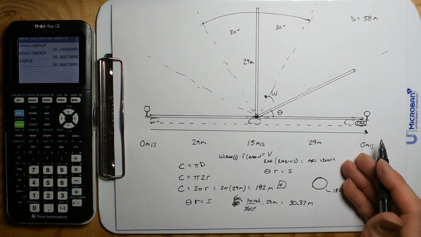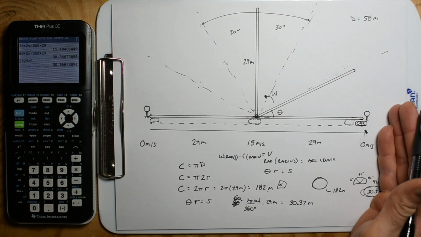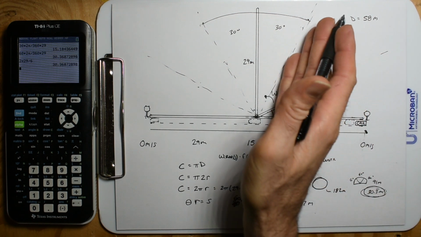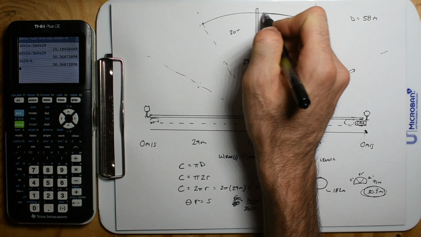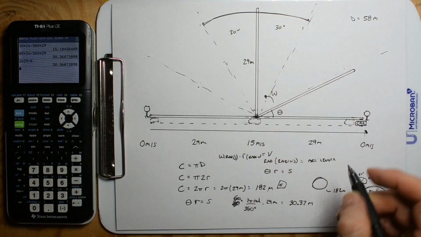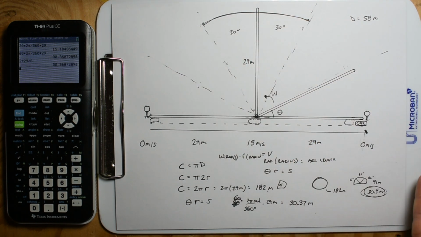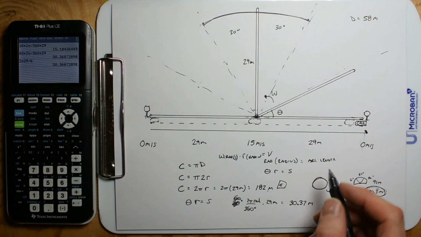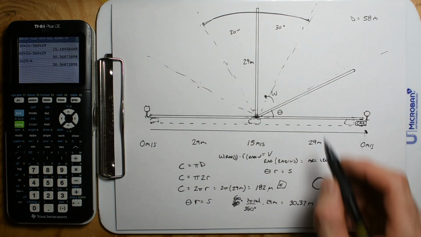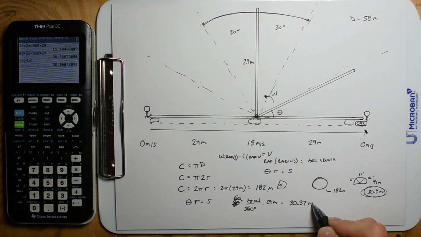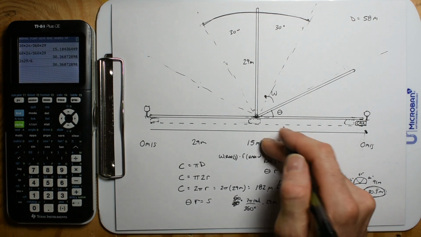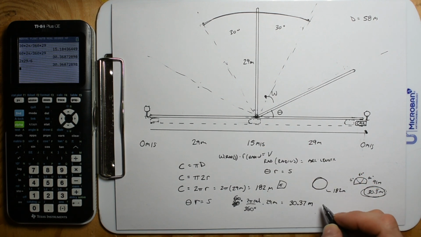Alright, so now where we're at. Oh yeah, so what we just found was that we are going to sweep out this much arc length in how long? Well, we know this arc length is 30.37 meters, and we're going to be traveling at 15 meters per second.